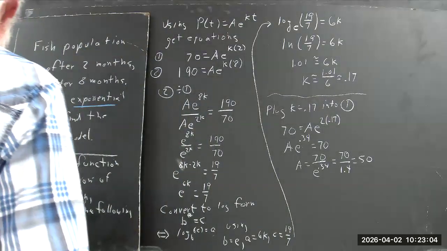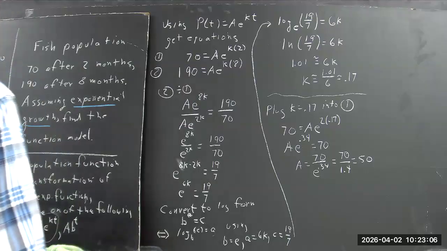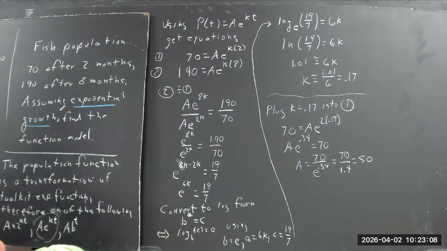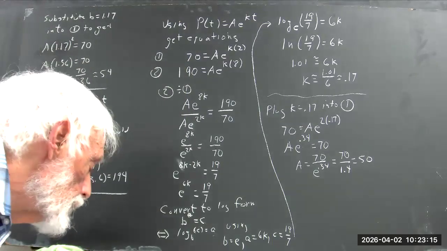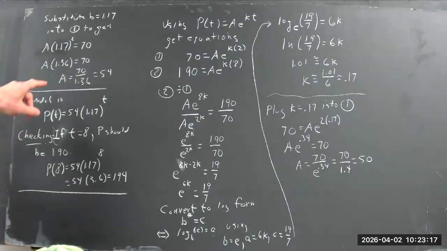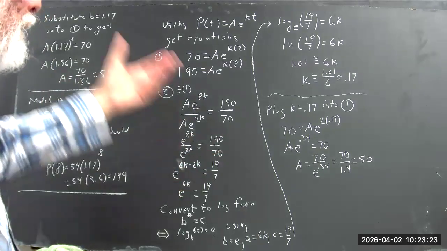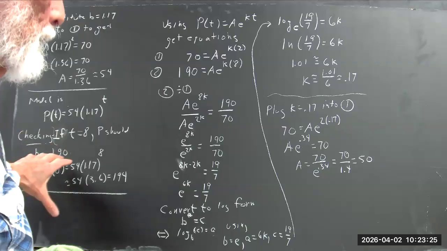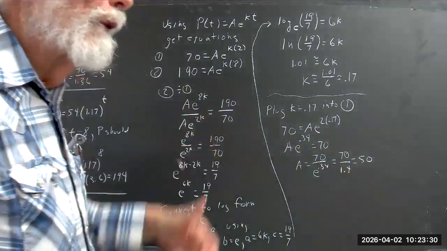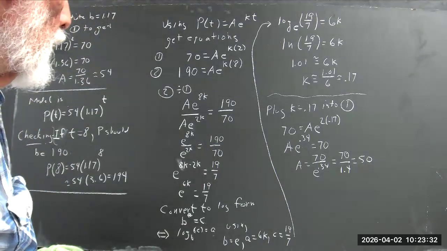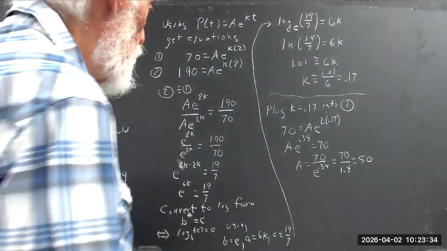Now let's just remember what we got for A in the preceding. We got A is about 54, and it was 70 over 1.36, using a different set of numbers. So we got 54 here, we got 50 here. I think the 54 is a little more accurate. But still, it's a pretty good model.